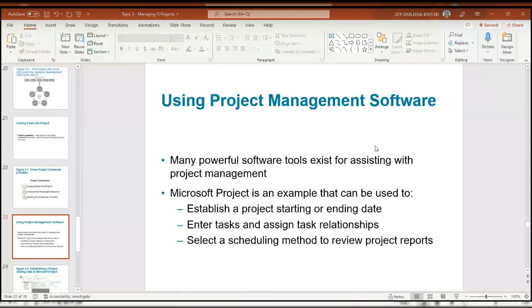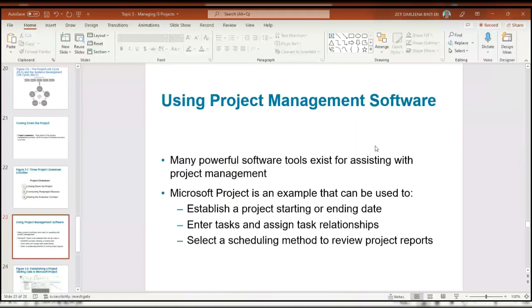So Microsoft Project is an example that can be used to establish a project starting or ending date, enter task and assign task relationship, select the schedule methods to review project reports. So ini antara yang Microsoft Project boleh buat lah.